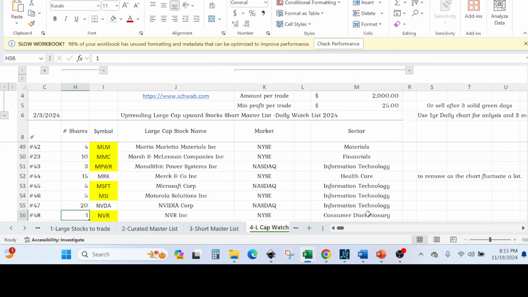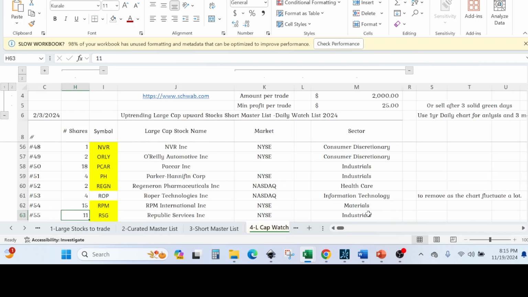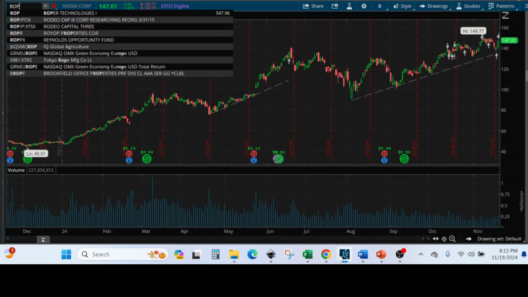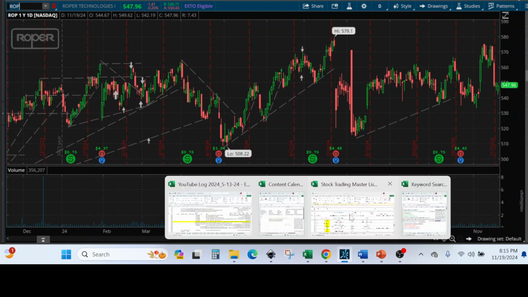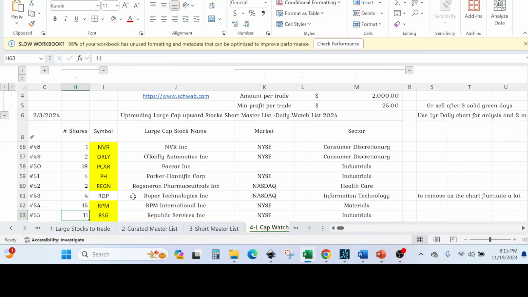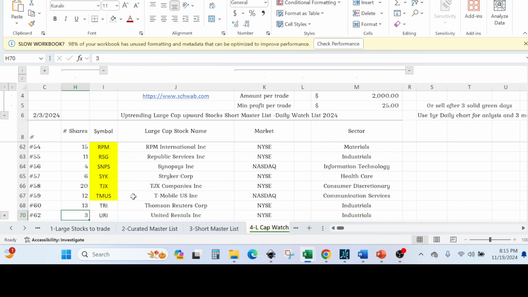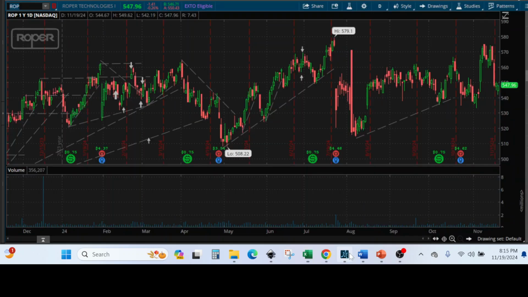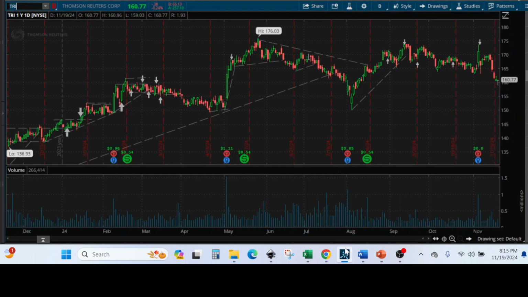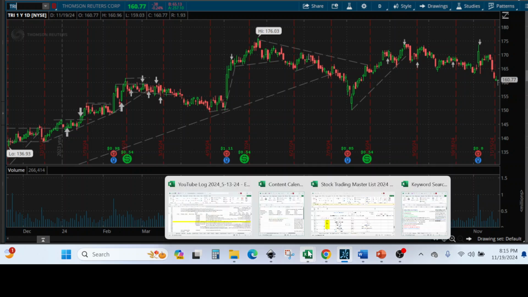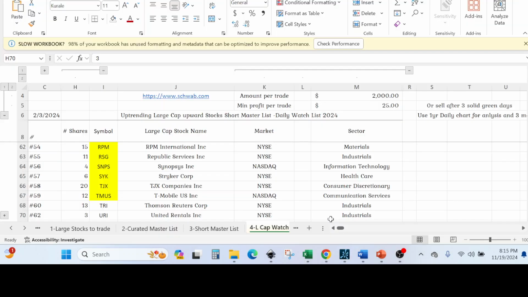ROP, I don't like those fluctuations. The next one is TRY, and TRY still has a tendency to go down there. We won't do anything with it.